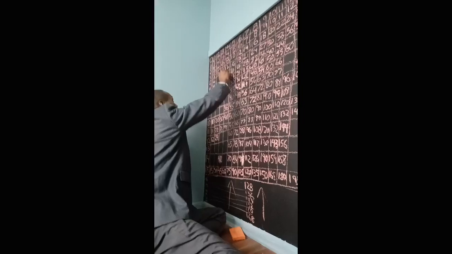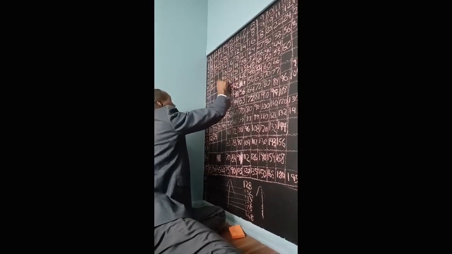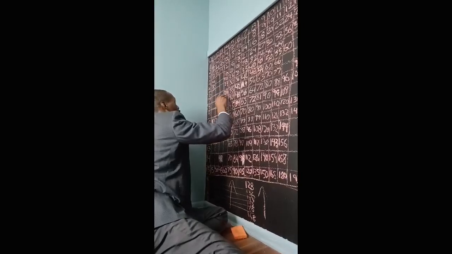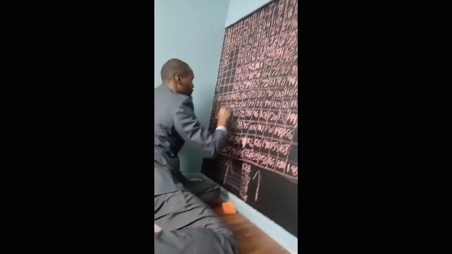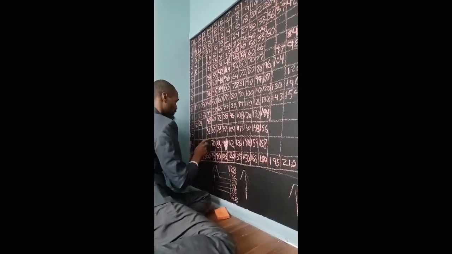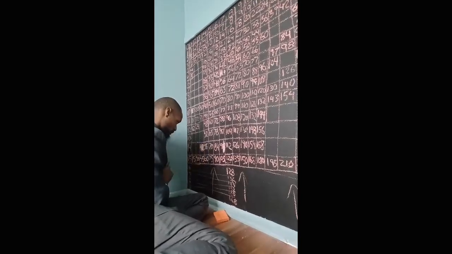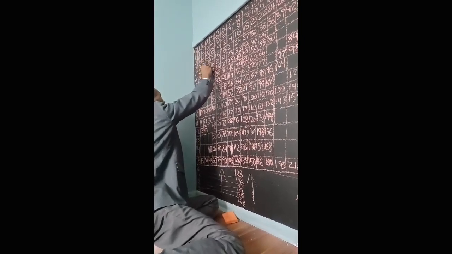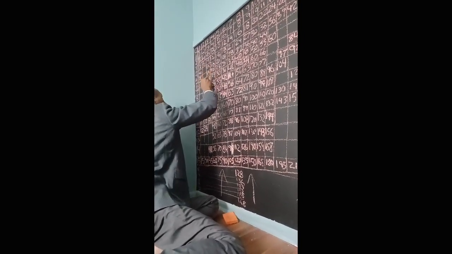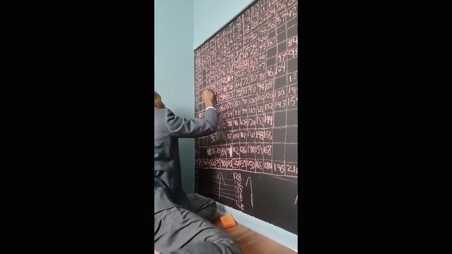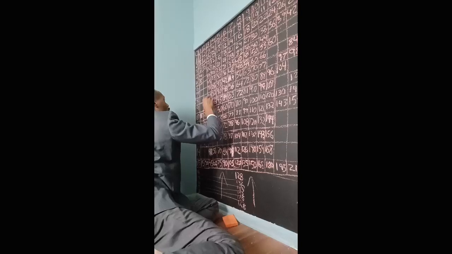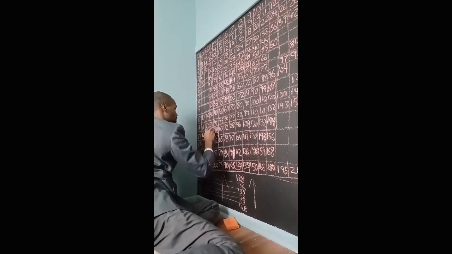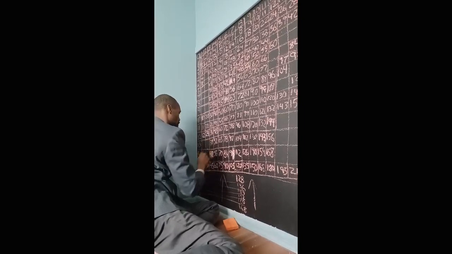Count my 4s. 4, 8, 12, 16, 20, 24, 28, 32, 36, 40, 44, 48, 52, 56, 60. Count my 3s. 3, 6, 9, 12, 15, 18, 21, 24, 27, 30, 33, 36, 39, 42, and 45.